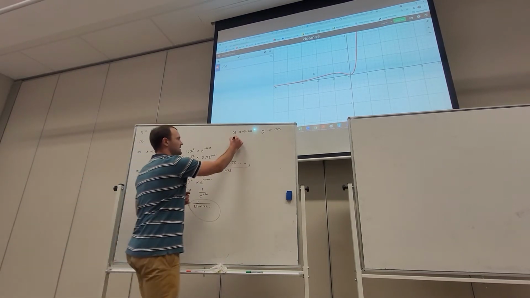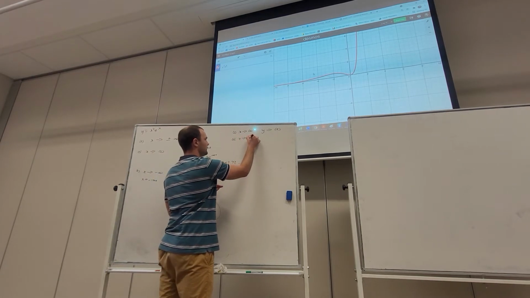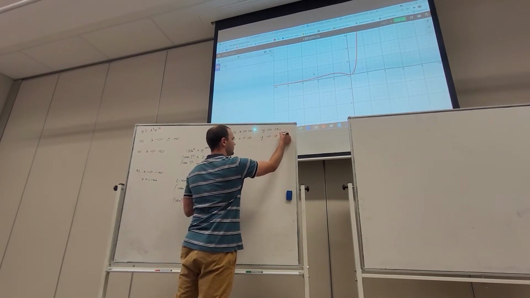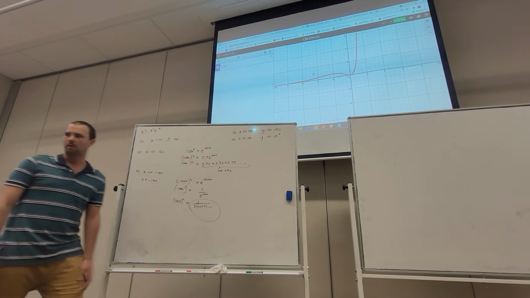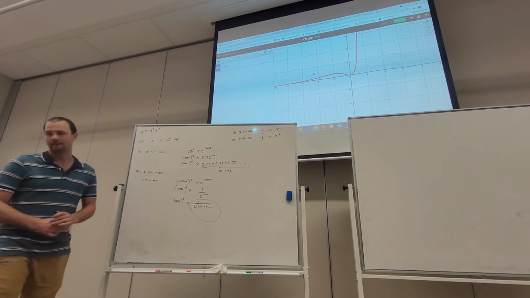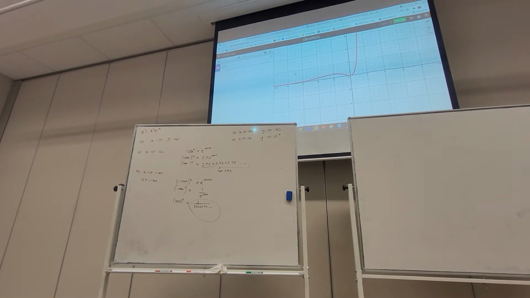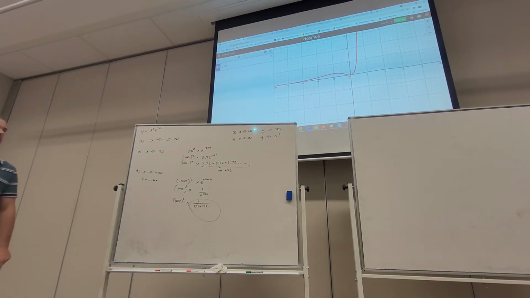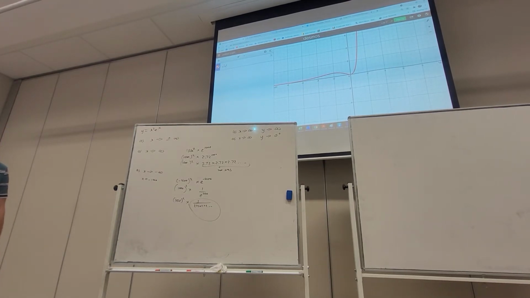And so we're going to say as x approaches negative infinity, y approaches 0 from the positive side. Okay, it's positive y. All that means is it's above the x-axis and it's getting closer and closer to 0. It could be below the x-axis and getting closer and closer to 0, in which case it would be approaching 0 from the negative side. Okay, so that's part A.